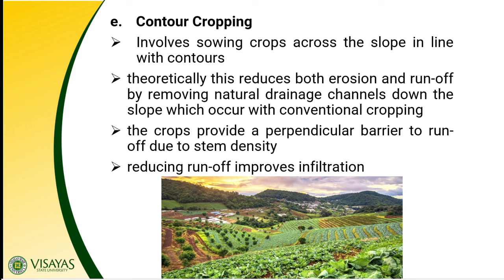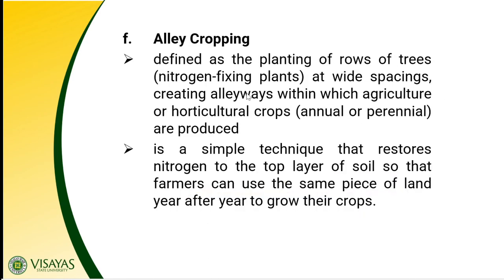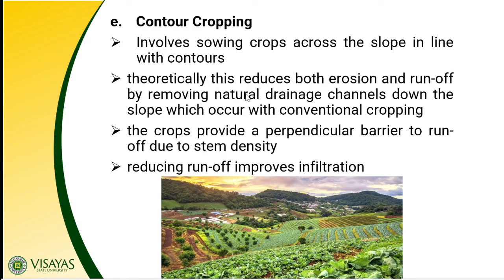Okay, another type of multiple cropping system is the contour cropping system, which involves sowing of crops across the slope in line with contour. And theoretically, this reduces both erosion and runoff by removing the natural drainage channel down the slope, which occurs with conventional cropping.